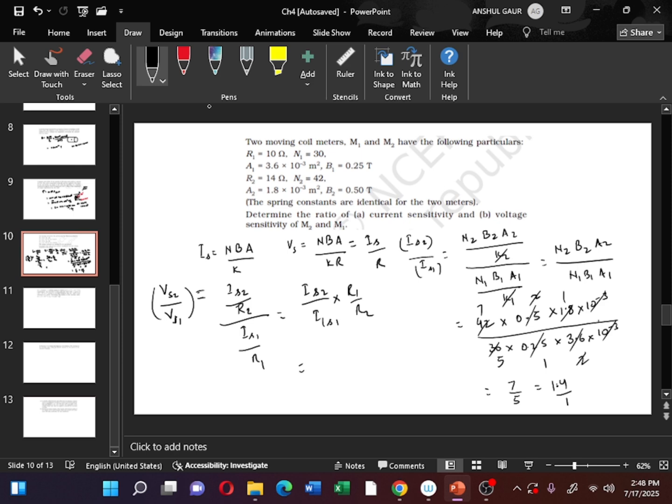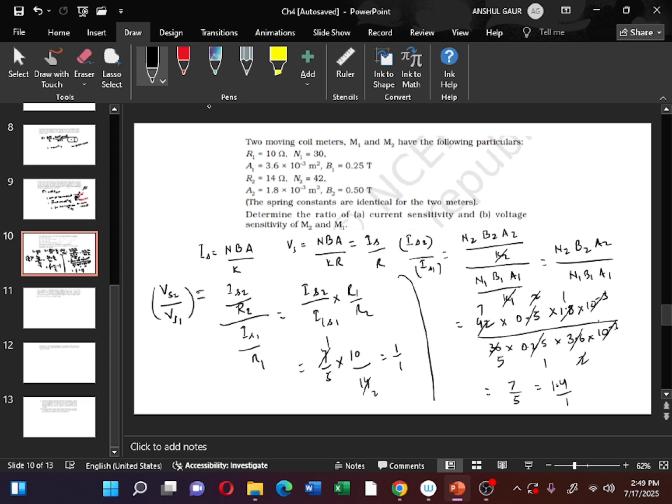We have calculated this ratio Is2 upon Is1 earlier, which is 7 upon 5. So 7 upon 5 multiplied by the value of R1, which is 10, and the value of R2, which is 14. After solving this, we get the ratio as 1 is to 1. So the voltage sensitivity ratio is 1 is to 1.